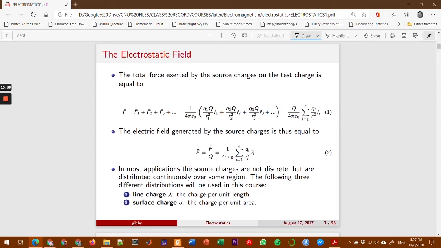So, overall charge. And then, define ang ihang charge per unit area given by this sigma. Could be volume ang ihang distribution, could be a sphere, could be a cylinder, could be anything. Basta kay volume siya, and it's defined by the charge per unit volume rho. Okay.